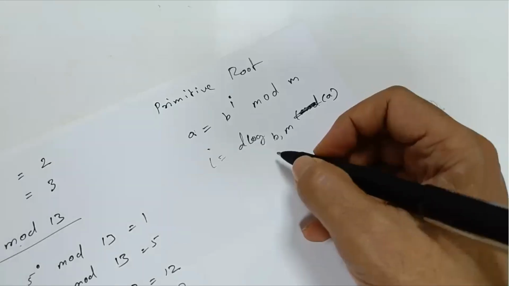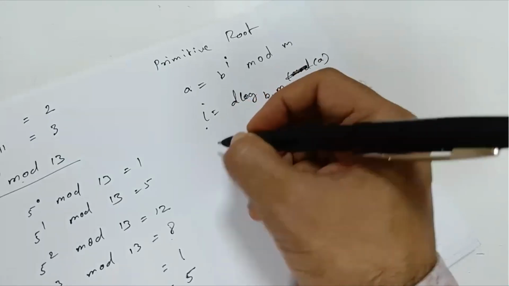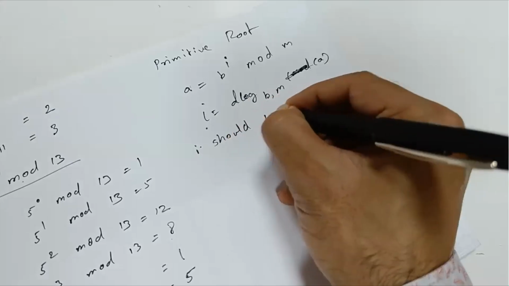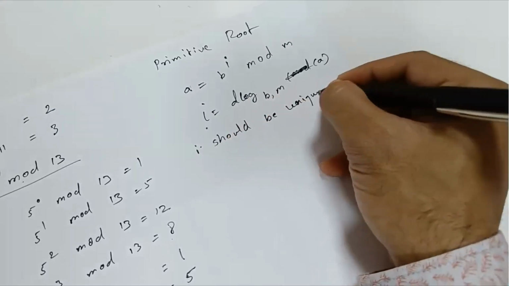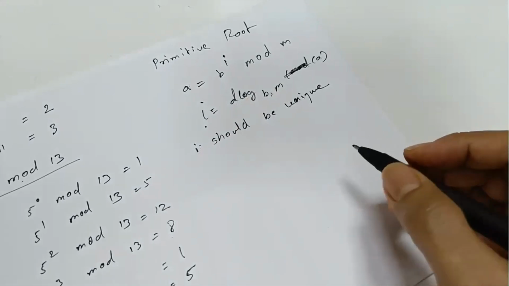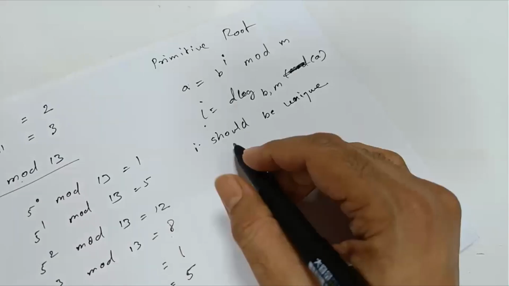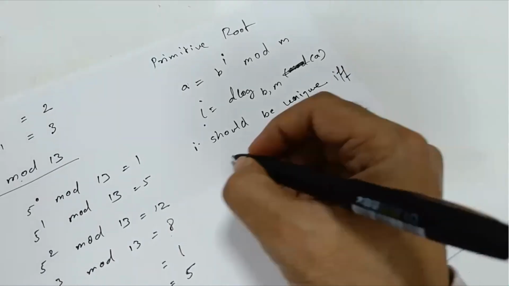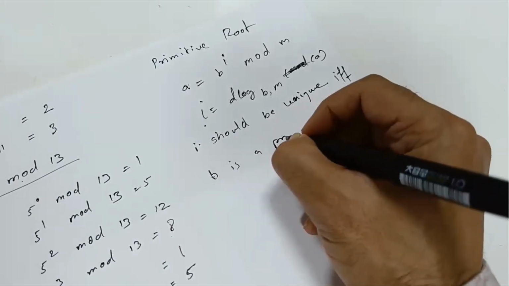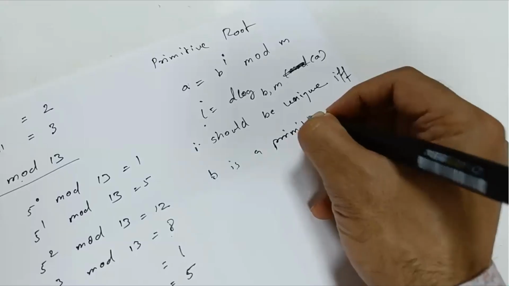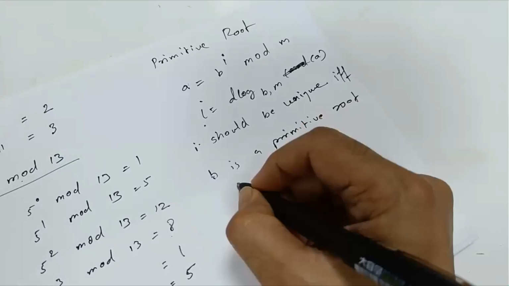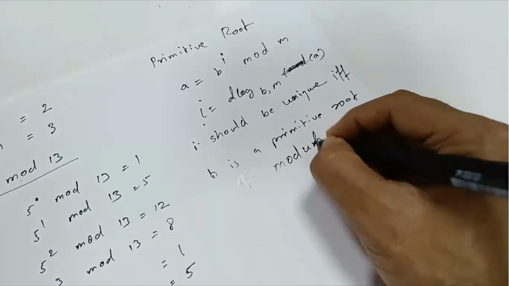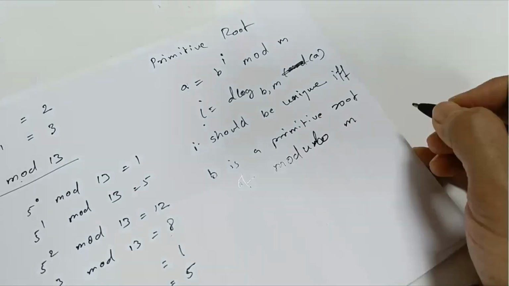I'm just rewriting this, and we want i to be unique. So what we are doing here is getting a condition so that i becomes unique, only if b is a primitive root modulo n. Okay, this is the condition we are adding.